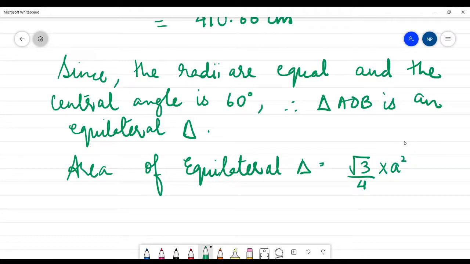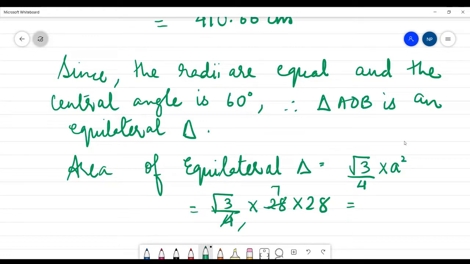So here the side is OA, so we write root 3 by 4 into 28 square. 4 sevens are 28, into 7 into root 3.